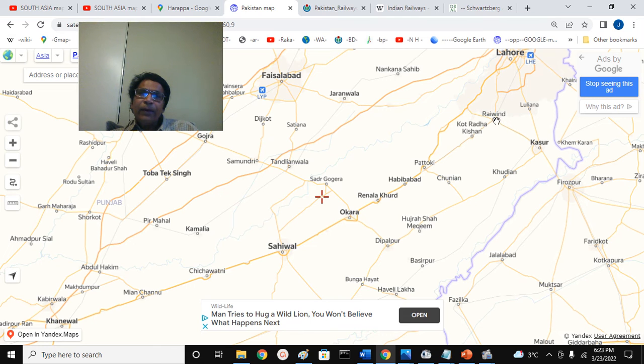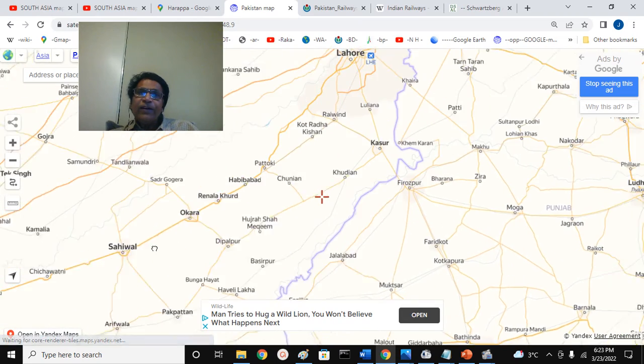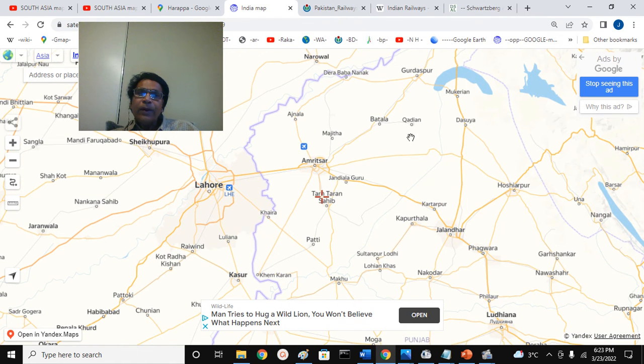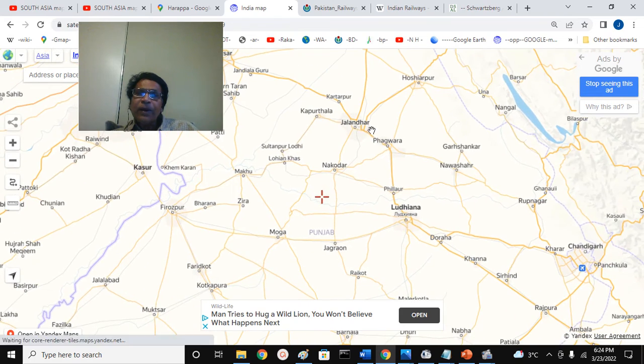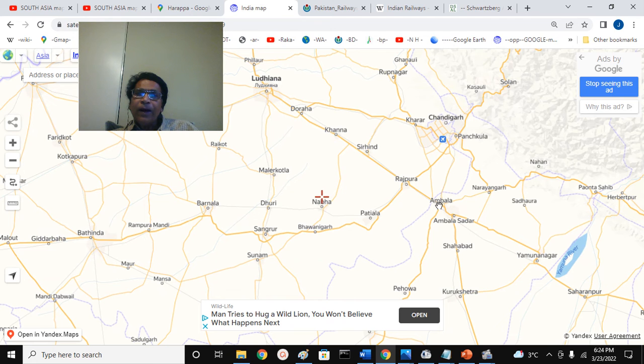Lahore to Raiwind and Okara, Sahiwal, Harappa here, Khanewal to Multan initially. From other side of Lahore to Amritsar, Attari, then went to, there is a Kapurthala princely state here, to Jalandhar, in the Jalandhar Doab area between the Beas River here and Sutlej River here. The Ludhiana is across Sutlej River, Phagwara and Phillaur. Then Sutlej, Khanna, Sirhind, Rajpura, Ambala.